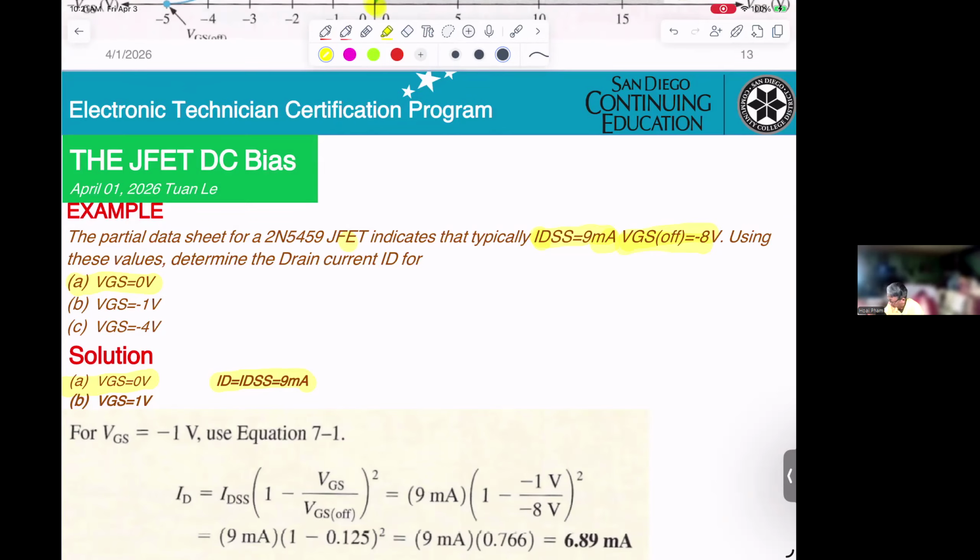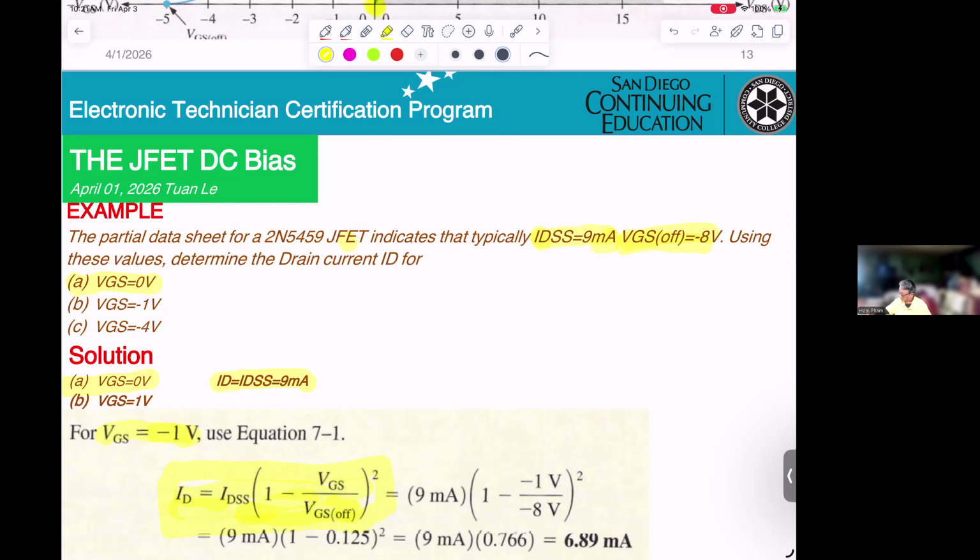Minus 1 volt. For VGS equal minus 1 volt, you have to use this equation to calculate ID.